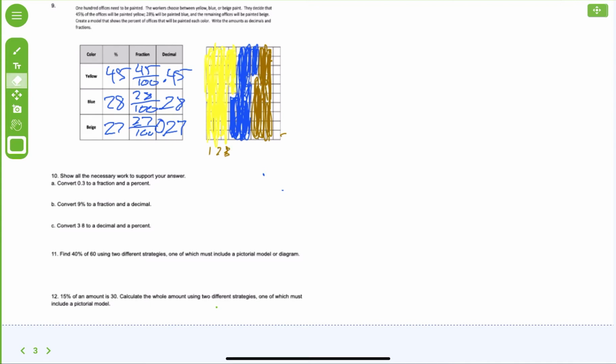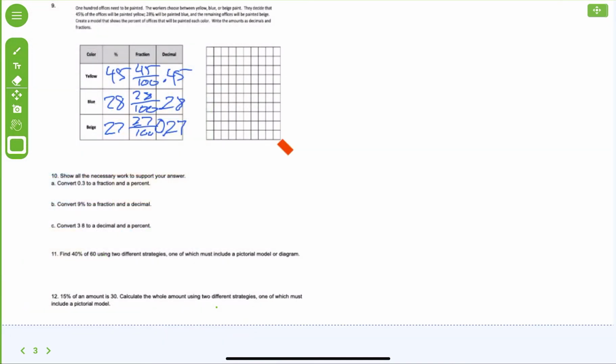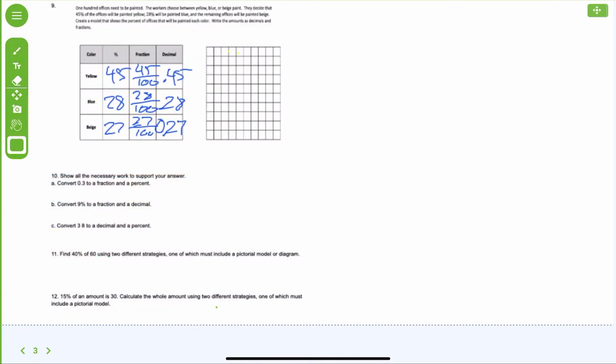Mr. Anderson did not do our colors correctly. That should have been for the yellow. I didn't color in 44. I colored in 34 or 35, sorry. So here's 30, 40, and 5. I knew I messed up somewhere.